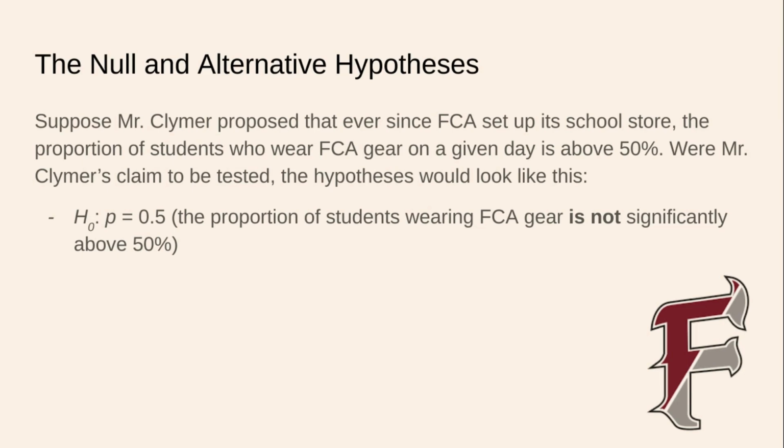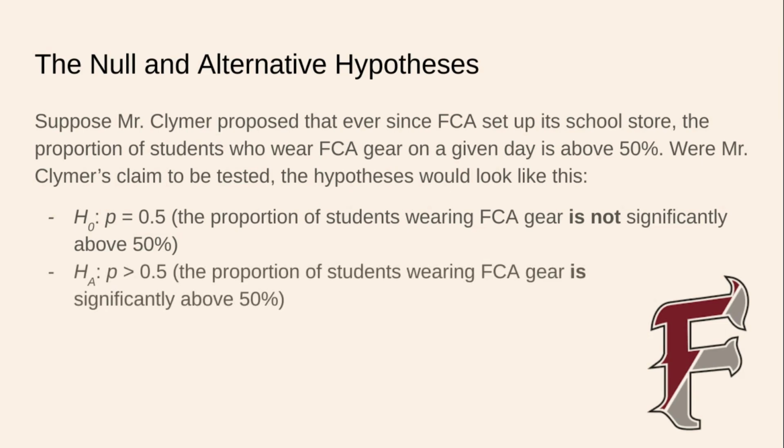And notice we don't say if not significantly above, that means less than or equal to. We just say equal to. Old school statisticians would use a less than or equal to sign. However, in more recent years, we just say equals. The alternative is the proportion is significantly above 50%, or that the population proportion is greater than 0.5.